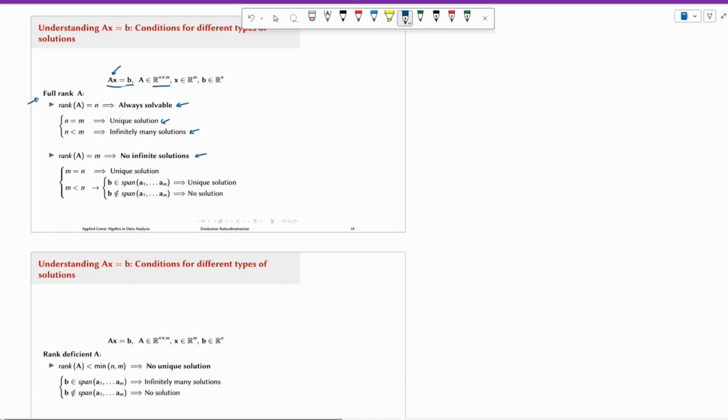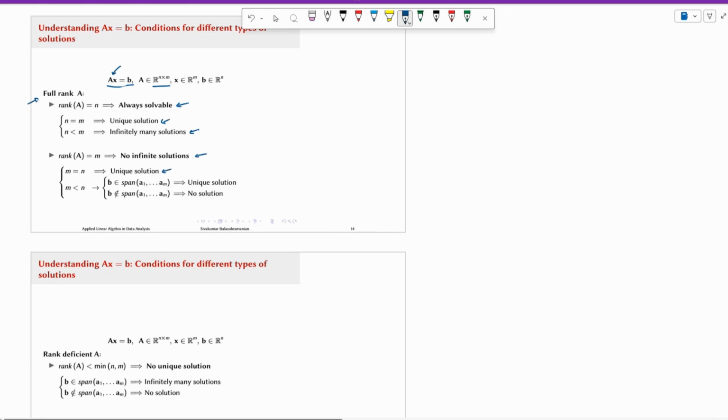Whenever you have a full rank tall or square matrix, one possibility is out. You will not have infinitely many solutions. You have a solution that's unique, or you don't have a solution, and that condition can depend on B.